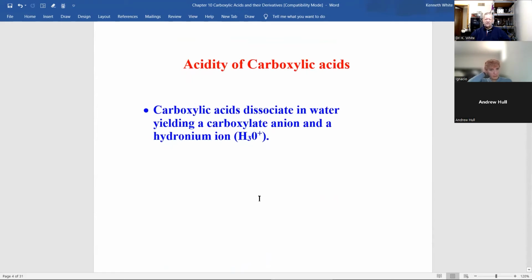Now, why is a carboxylic acid an acid? That's a good question. And the answer is, remember, a carboxylic acid, and this won't be on the test, dissociates in water.